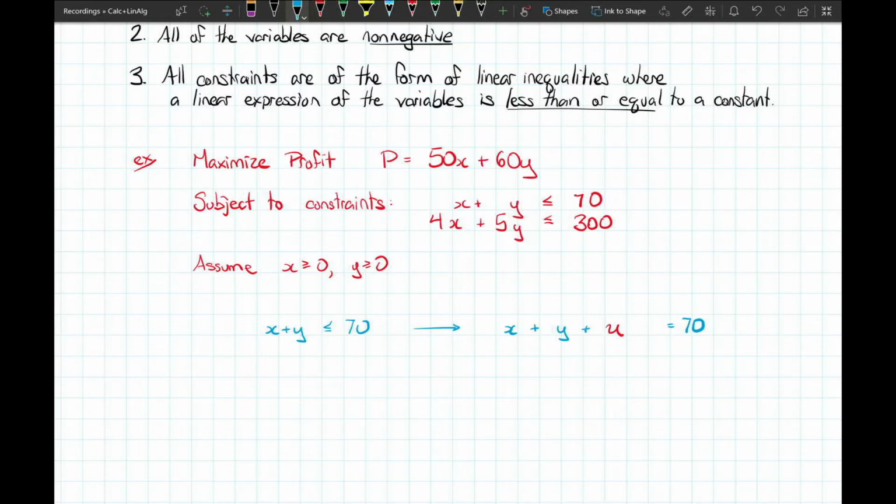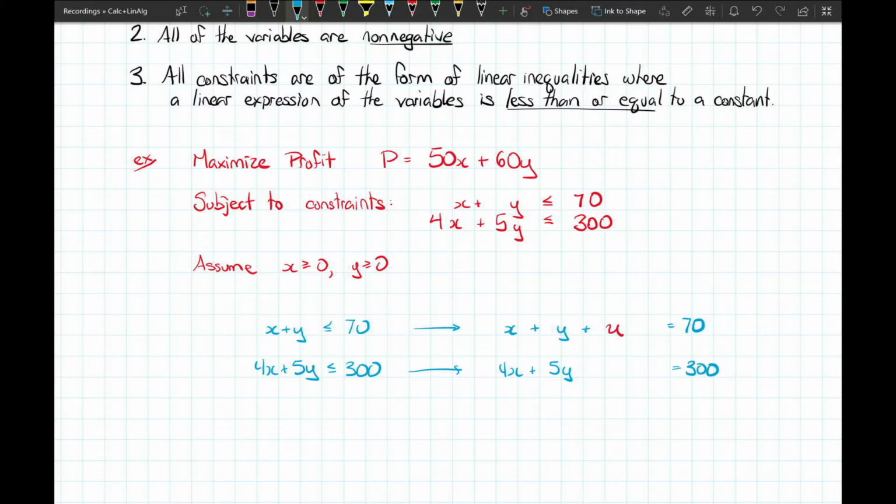In our second constraint, we have 4x plus 5y is less than or equal to 300. Again, we can turn that into an equality. 4 times some positive number plus 5 times some positive number plus possibly a little extra room to spare is equal to 300.